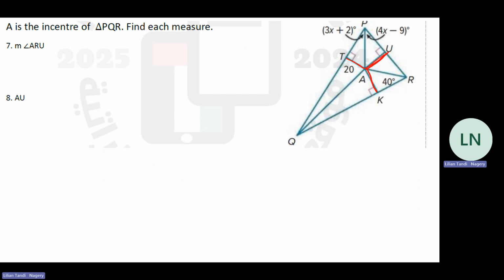Remember the incenter comes and meets here.